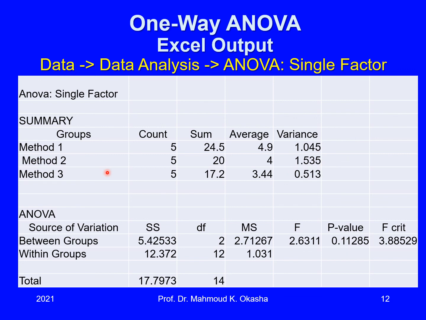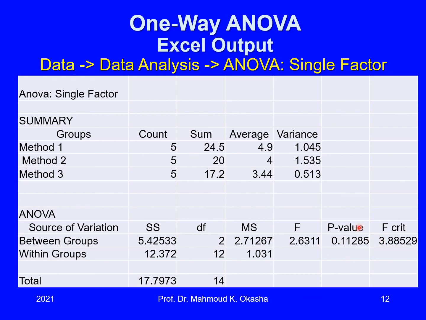If you mark the observations of the 3 groups correctly, you will get all these results. And then you will find the F ratio, which is the same computed F ratio we got, and the critical F, the tabulated F. This is the result from Excel directly, which is exactly the same as we got from the calculation.